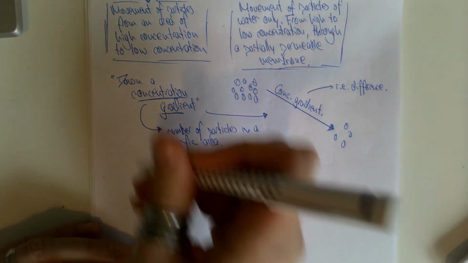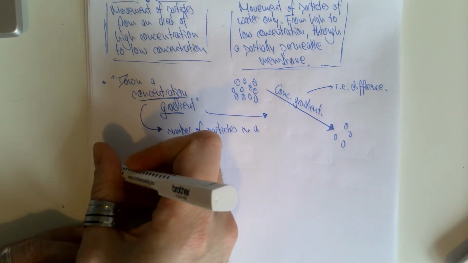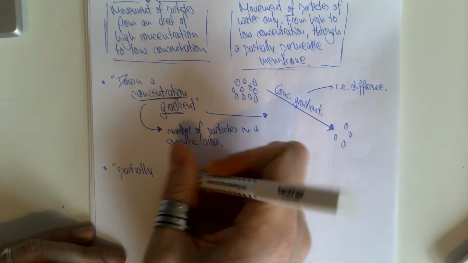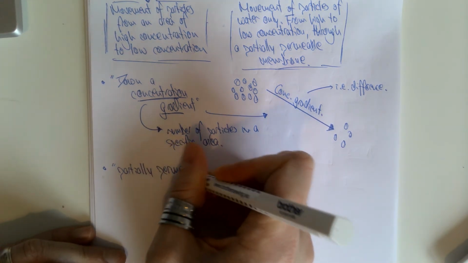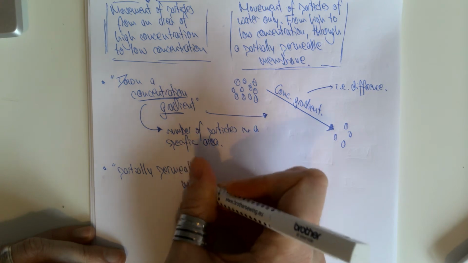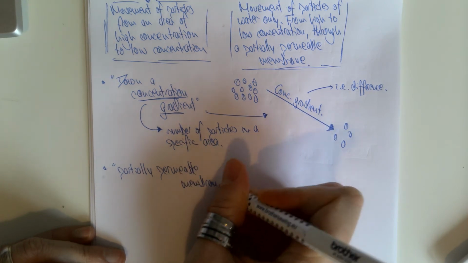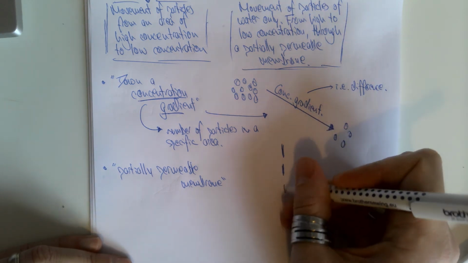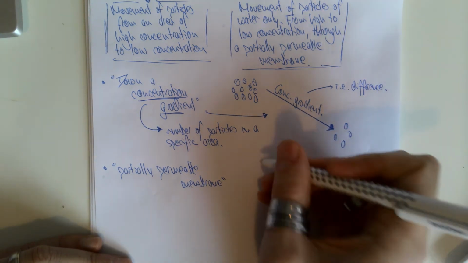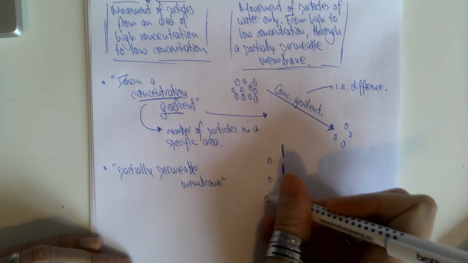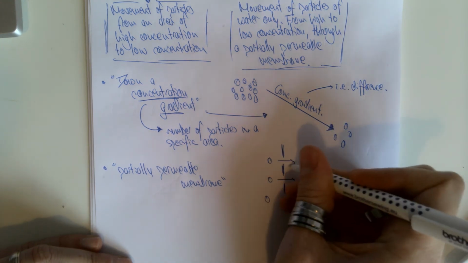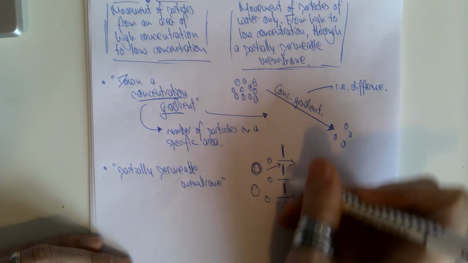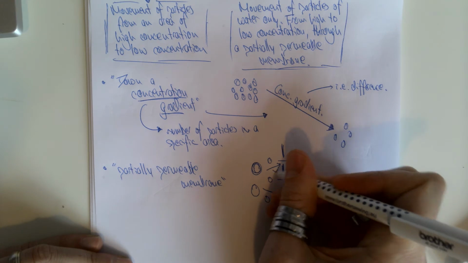There's the other term as well, just to bear in mind, partially permeable membrane. So all we're referring to there is an outer surface that has got holes in it that only let certain sized molecules and atoms through.